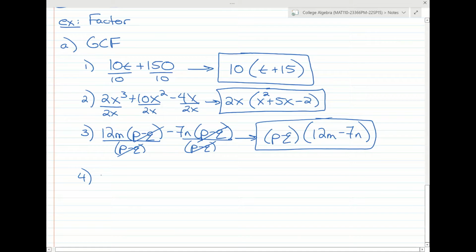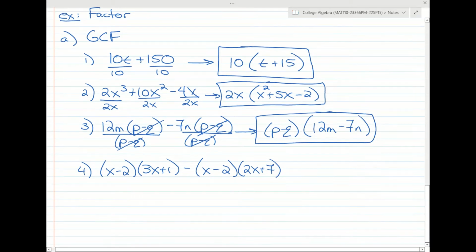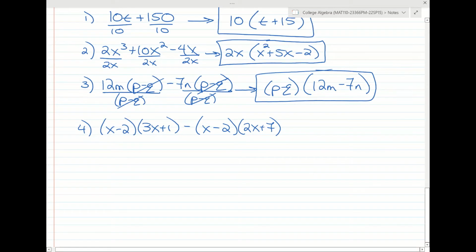Do one more, then move on to something else. x minus 2 times 3x plus 1 minus x minus 2 times 2x plus 7. So the GCF here is x minus 2.